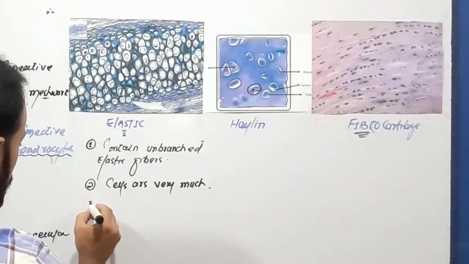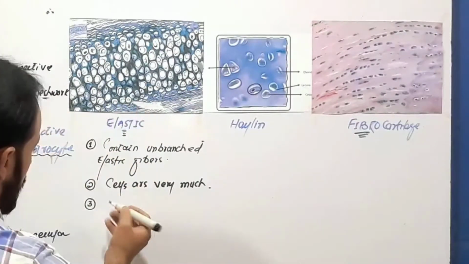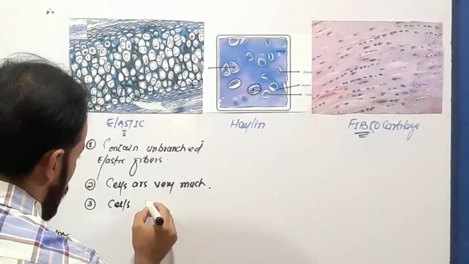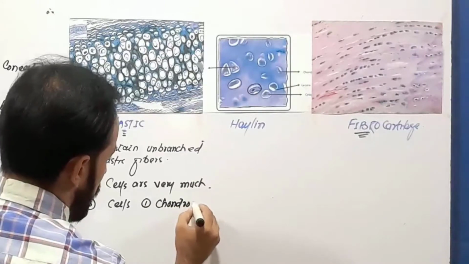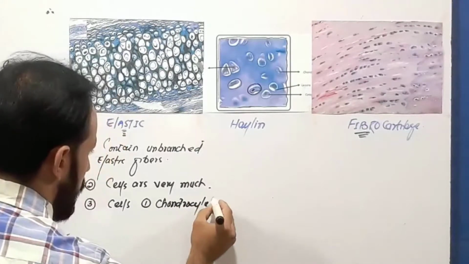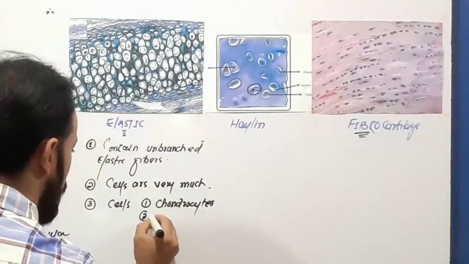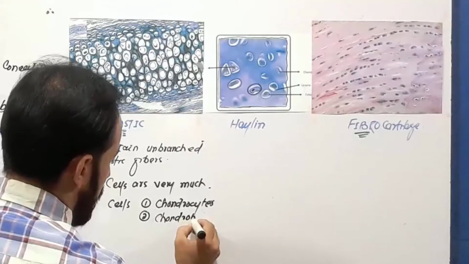Then the next very important point about elastic cartilage is that this cartilage contains cells, and the cells are number 1, chondrocytes, and number 2, chondroblast cells.